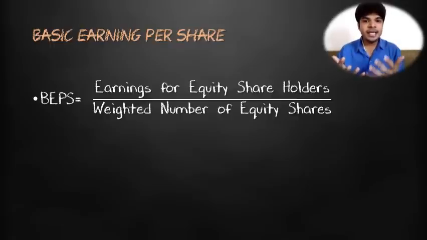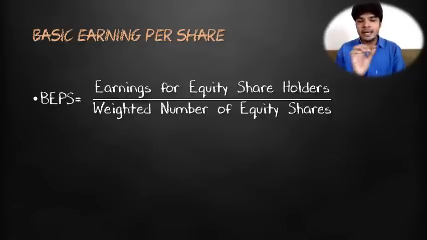In such a case, it is necessary to compute the weighted number of equity shares so that exact correlation between capital and profit earned can be established. So the basic formula to find out basic earning per share is earning for equity shareholders divided by not only the number of equity shares, but we should say the weighted number of equity shares.